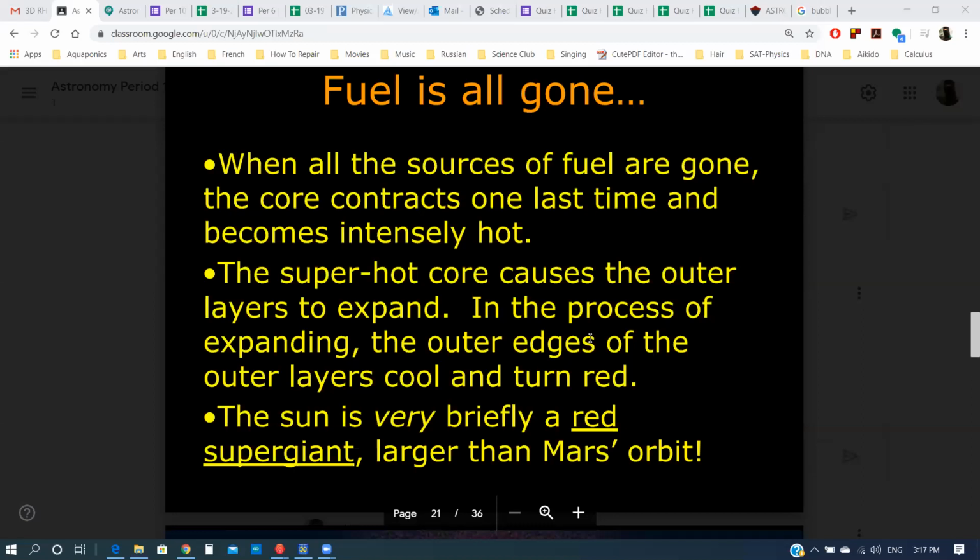Remember, it all depends on the mass. The mass of the innermost core is not high enough to fuse carbon. This contraction of the core will emit enough light and heat to push the outer layers one final time outside the star. This push removes the outer layers. The star will lose the outer layers.